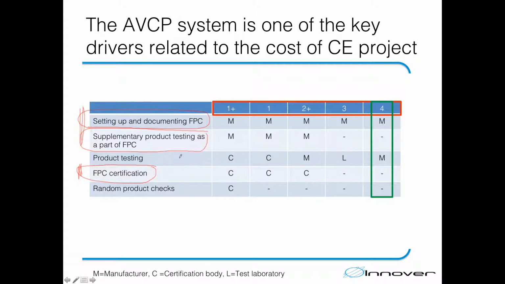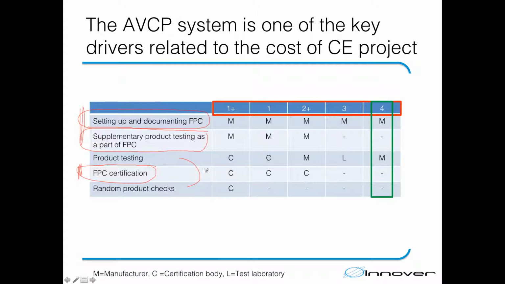And then we have these two, product testing and random product checks, that relate to determining the product characteristics before we CE mark the product. So we have two kinds of tasks here. So we have setting up the FPC and certifying the FPC, and also the product testing.